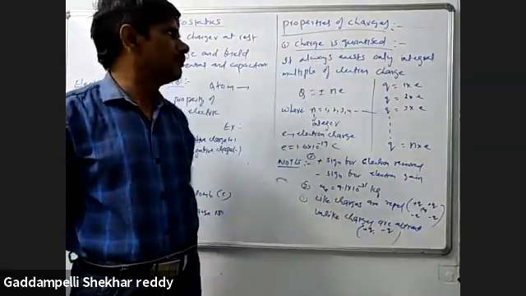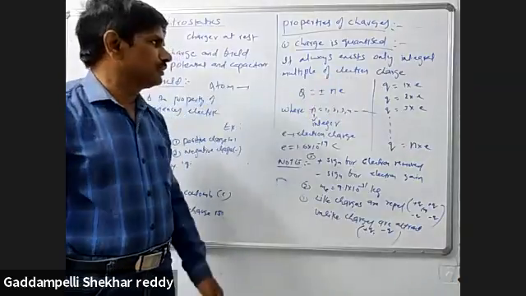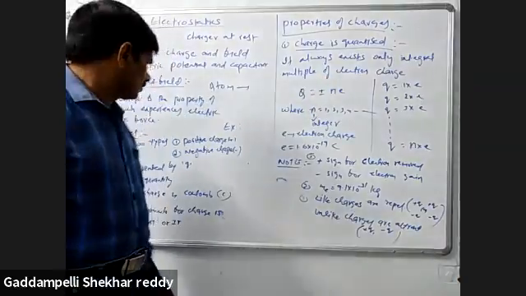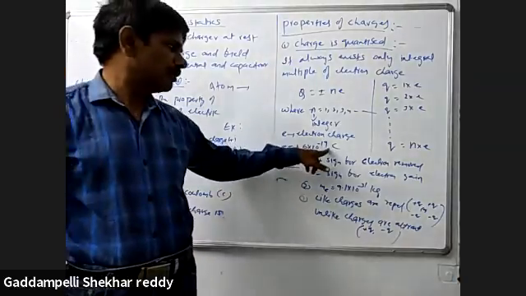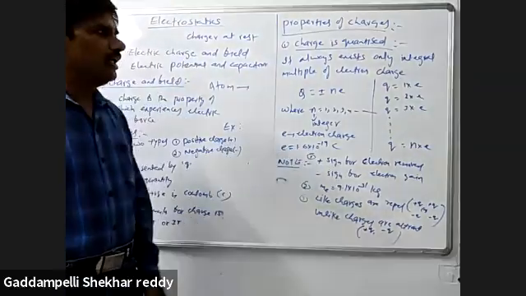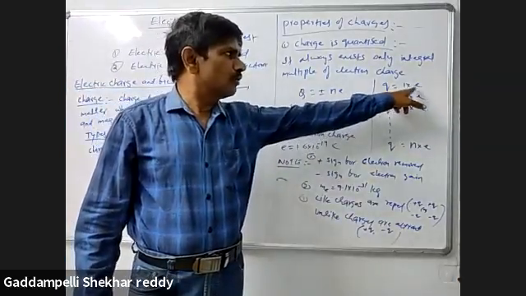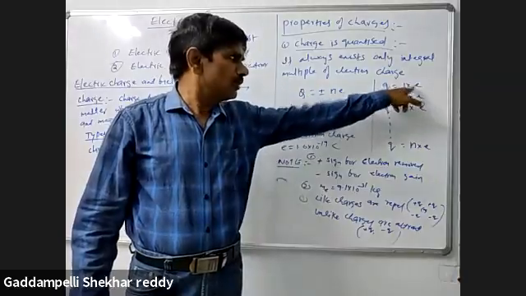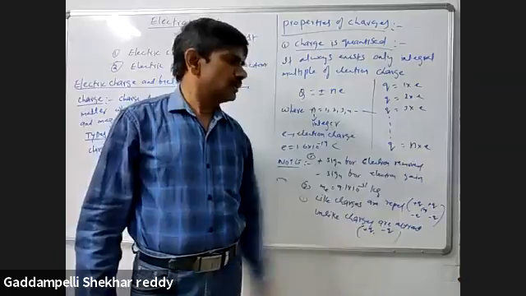Once again, charge always exists only as an integral multiple of electron charge. Electron charge is 1.6 × 10^-19. If any neutral body loses one electron, that body gains a charge equal to 1 × e; if two electrons are lost, 2e; up to n electrons, n e.